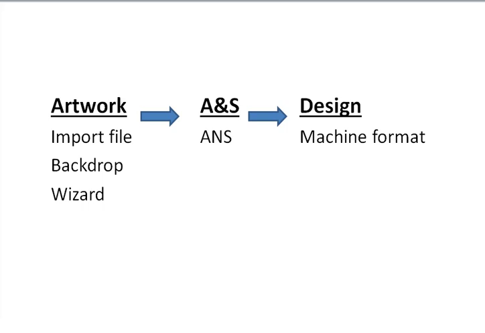So the cleaner the artwork, the more successful you are in creating a good design, and the easier time Art and Stitch has of helping you create a successful design. If it's good, clean design, it has no problem coming up with a design. And of course, that's what we want to do, is take the artwork into Art and Stitch and come out with a design and save it in our machine format.